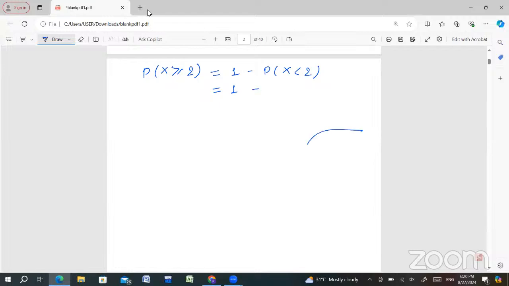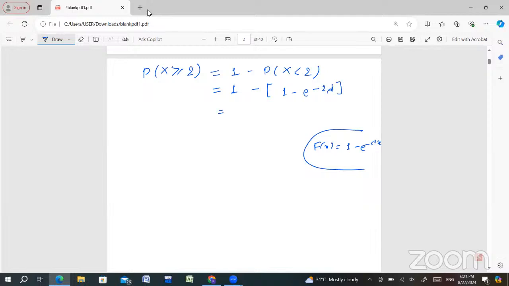And you know what the CDF of the exponential distribution is? It is 1 minus e to the power minus lambda x. Lambda we will write as lambda, and x is given as 2. We have to find the CDF at point 2.